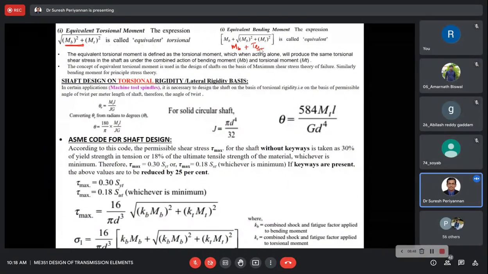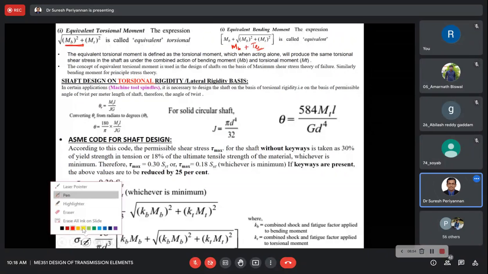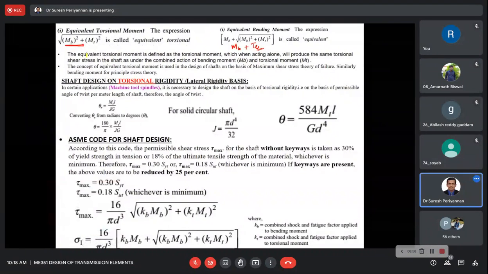Now see here, the equivalent torsion moment is defined as the torsion moment which, when acting alone, will produce the same torsional shear stress in the shaft under the combined action of bending moment and torsion moment. Similarly, you can say the same for equivalent bending moment.